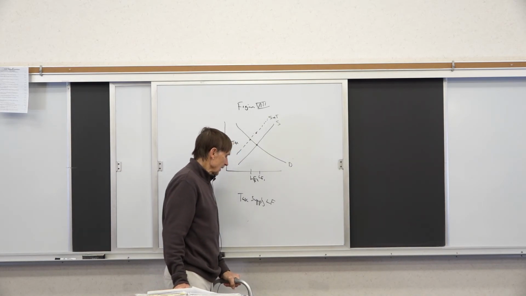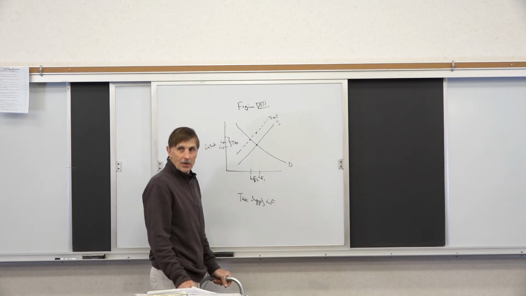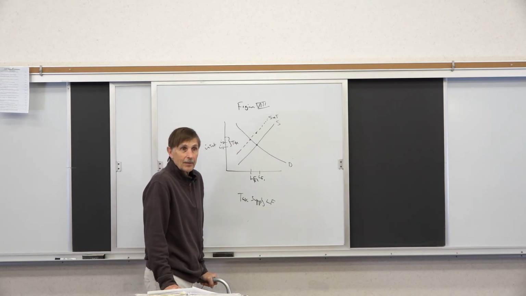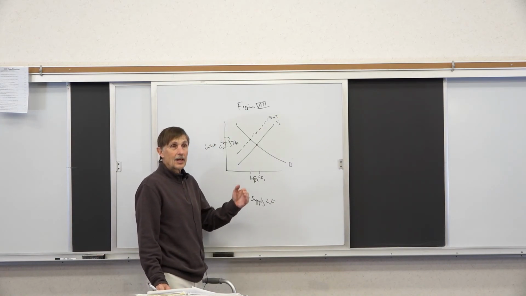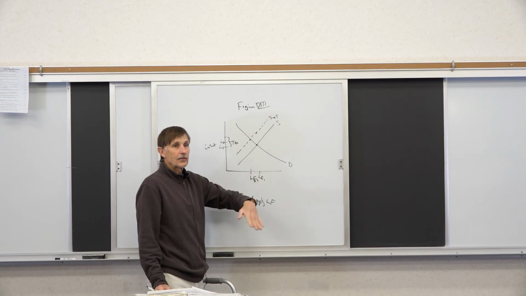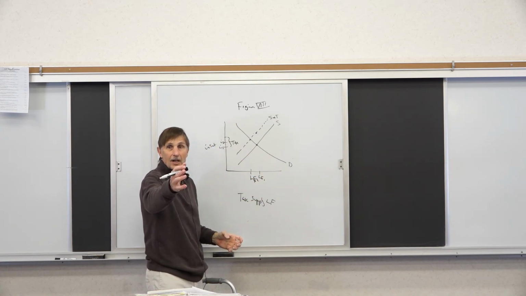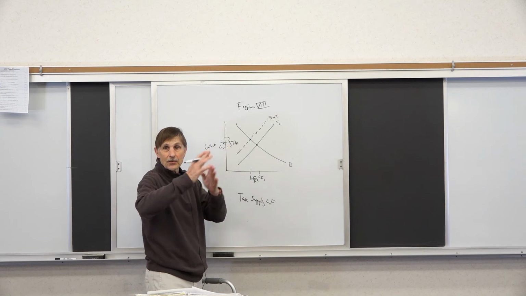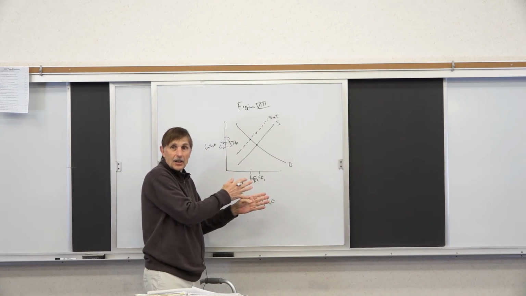Now, notice that this isn't the only effect that you get here. Earlier we were talking about general equilibrium analysis of a tax, right? We said, okay, if I tax hot dogs, what's that going to do? That's going to change the amount of hot dogs out there, but that's also going to change the price of hot dogs, and that's going to change demand for hot dog buns, right? It's going to shift those things around, and there's going to be fewer people working in the hot dog industry.